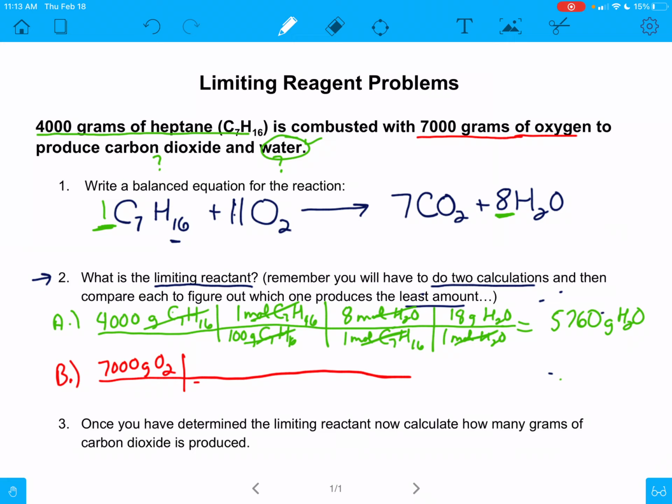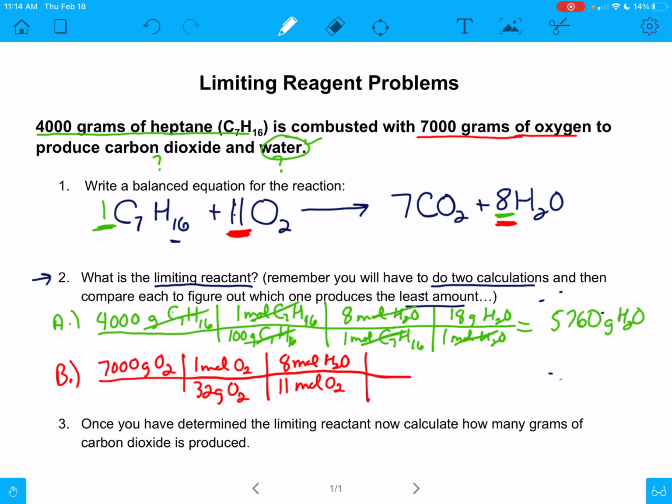So let's see, I know that there's 32 grams of O2 in every 1 mole of O2. And now let's look at the mole ratio. I know that there are 11 moles of O2 for every 8 moles of H2O. So let's put that in here. We're going to put 11 moles of O2 on the bottom, 8 moles of H2O on top.